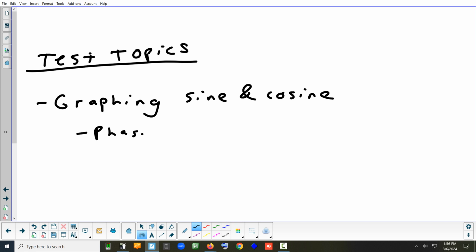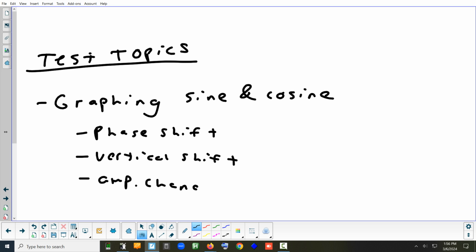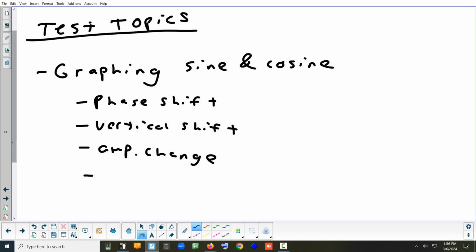So phase shift, vertical shift, what else? Amplitude change. And period change, the one we did today. So all the shifts, all the stretches. If you want me to write them in their normal names, this is a horizontal shift.